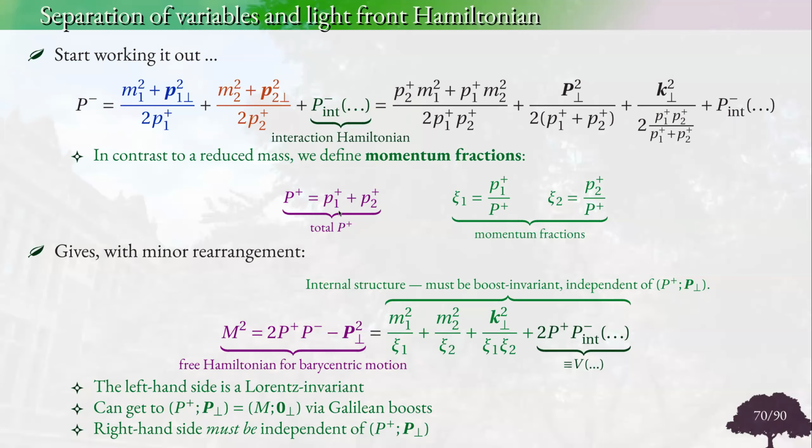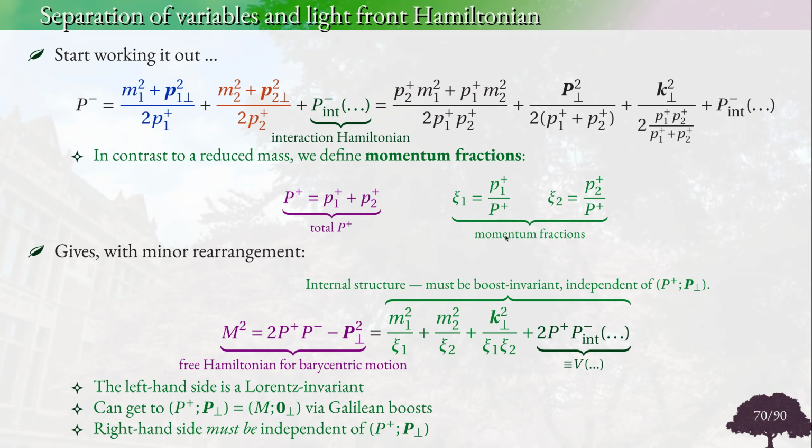So we use our total P plus as usual, but we have P1 plus divided by total P plus, which I'm writing here as Xi1. Nearly everyone uses X for the momentum fraction, but in these slides I'm using Xi instead to avoid confusing it with coordinates, since I'm using X for coordinates in a lot of places.